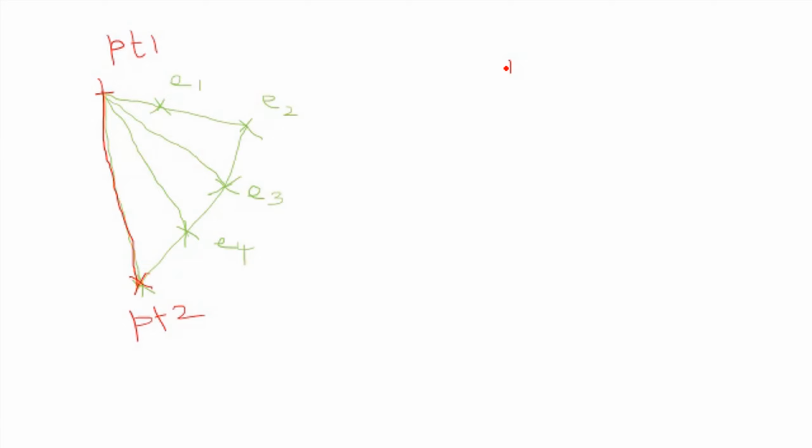Let us say the user picked PT1 here and they picked PT2 here. Let's assume this is their drag direction, and that it produced two events in between during the mouse drag.